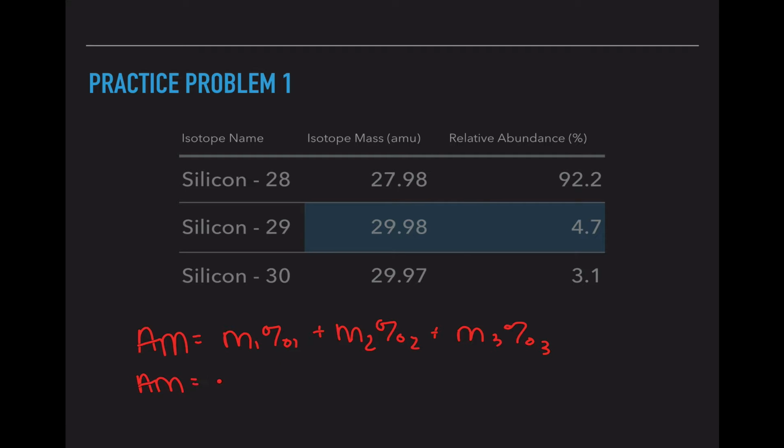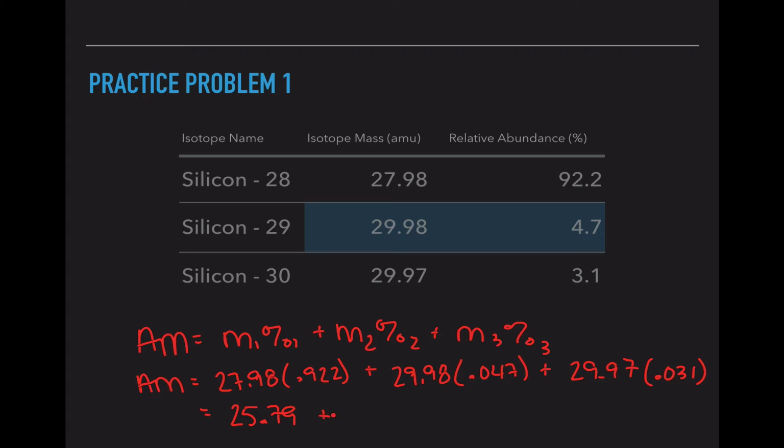The average mass is 27.98 times 0.922, changing that percent back into a decimal, plus 29.98 times 0.047, plus 29.97 times 0.031.